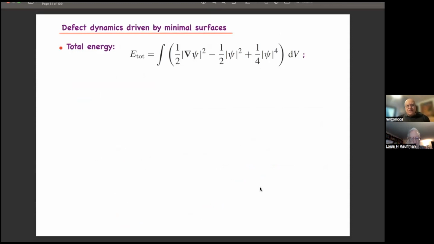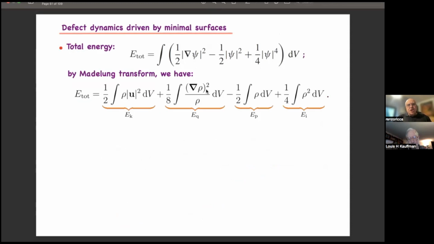Energy. Well, energy, of course, is very important for lots of reasons. If we consider Gross-Pitaevskii, the total energy associated with the system is given by this expression. I like to use a Madelung transform so I can interpret this expression in terms that are to some extent more clear to me. And by using the Madelung transform, we can recognize this first term as the kinetic energy.